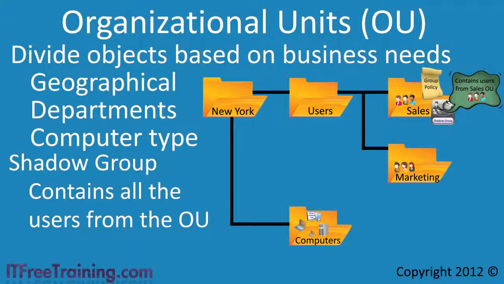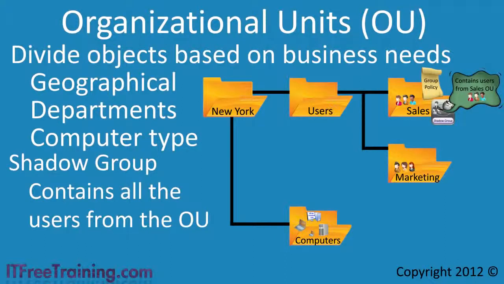Now, if you want to give all the Sales users access to a file share, you simply use this group. To keep the shadow group up to date, you will need to update its membership each time a user is added or removed from the Sales OU. It is possible to create a script to do this process automatically, but this will need to be configured.